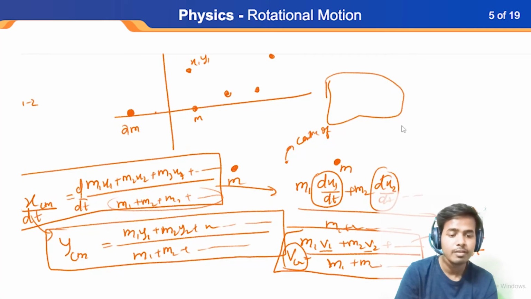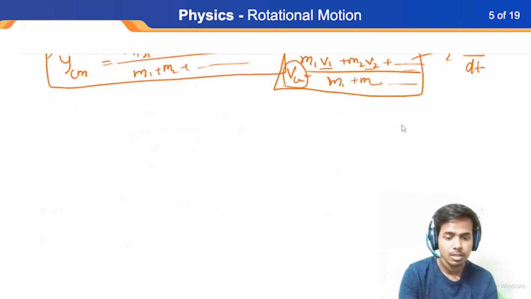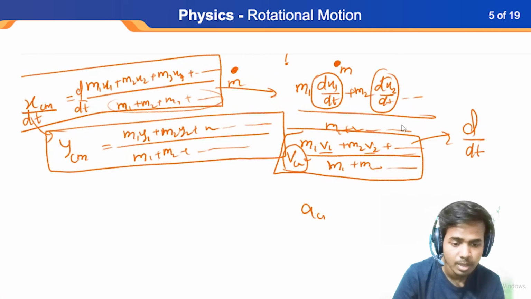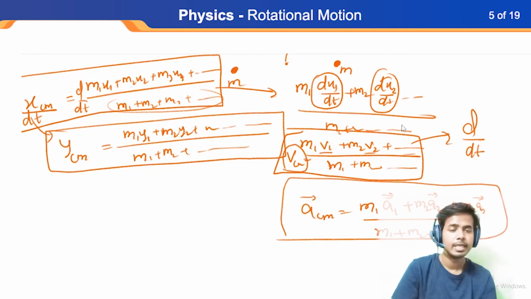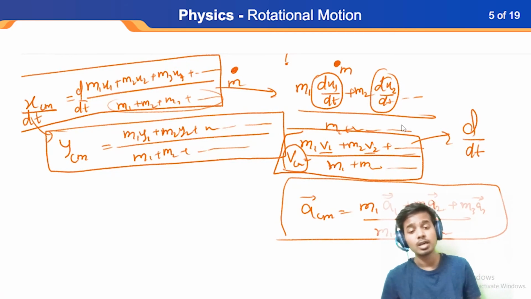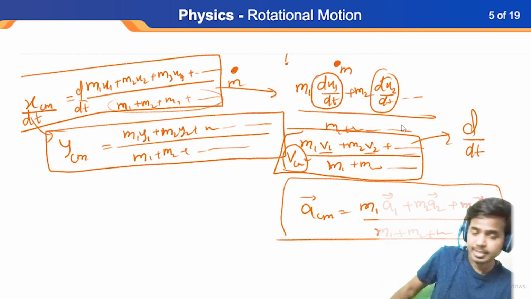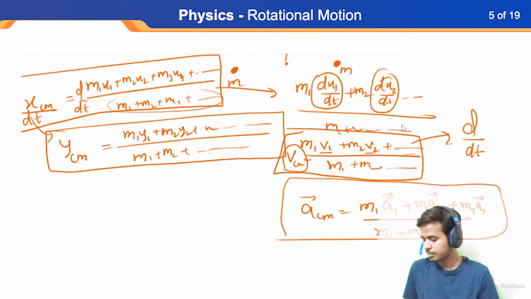So the acceleration of the center of mass will become m1 a1 plus m2 a2 plus m3 a3, and of course all these are vectors. Do not forget about this. All these are vectors. Divided by m1 plus m2 plus m3, all of that. So this is how you calculate either the position, the velocity, or the acceleration of the center of mass.